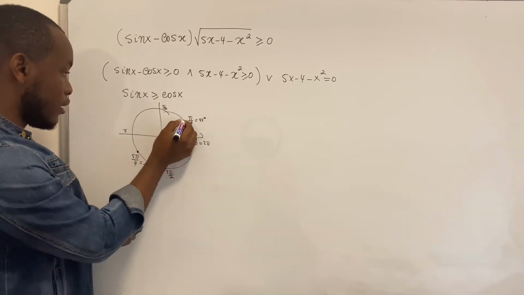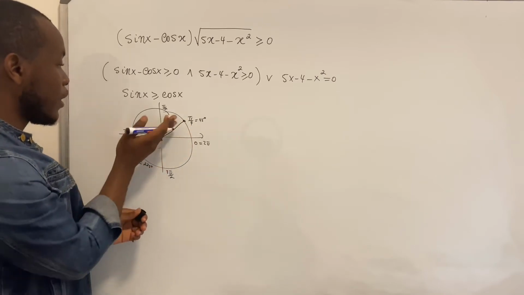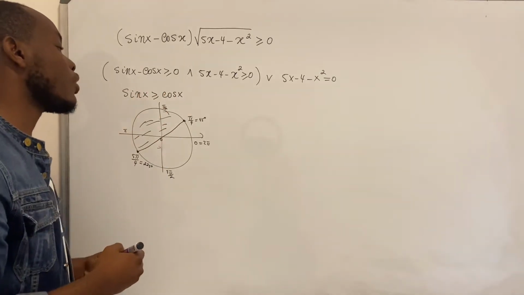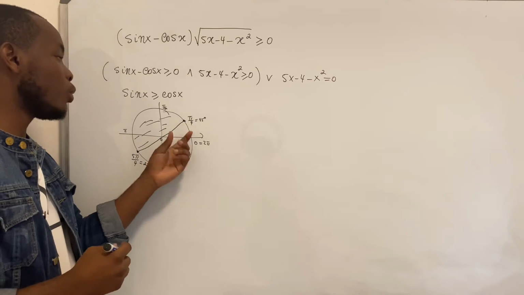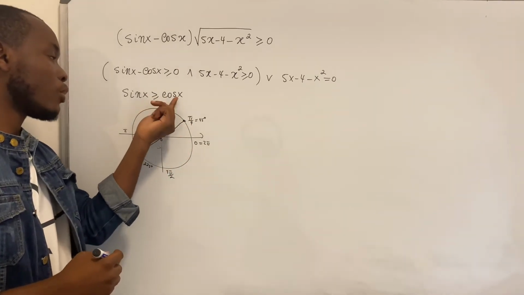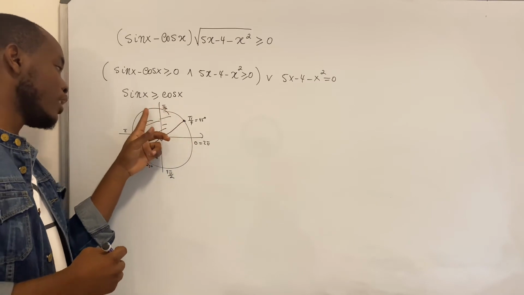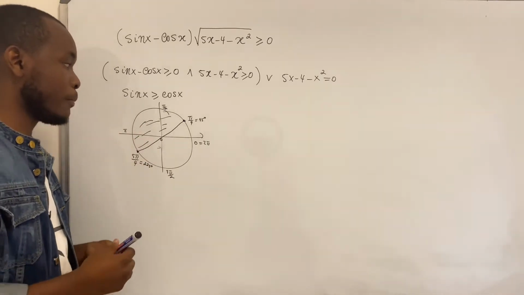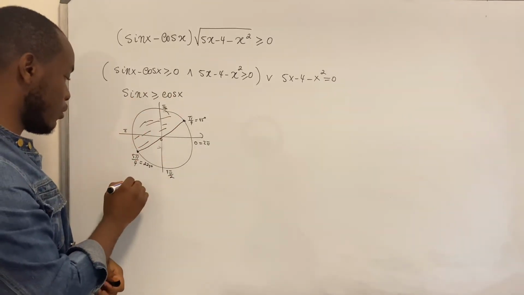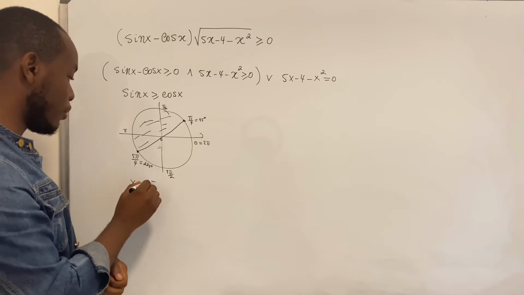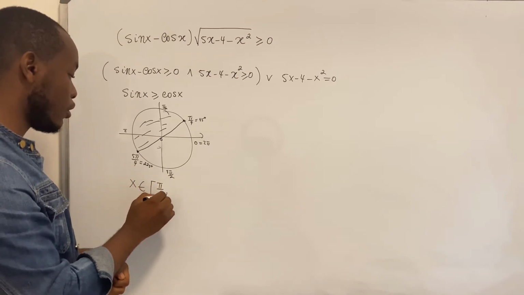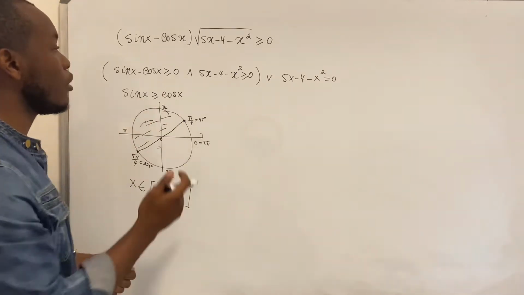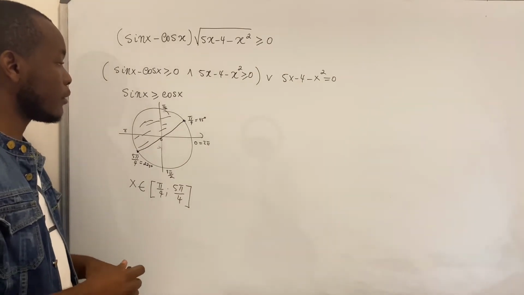If I make a straight line at this side, sine is always greater than cos. Sine of 45 is greater than or equal to cos of 45, and if you check 60, 90, up to 225 degrees, sine will still be greater than cos. So for this inequality, x belongs to the interval from pi over 4 to 5 pi over 4. This is the solution of this inequality.